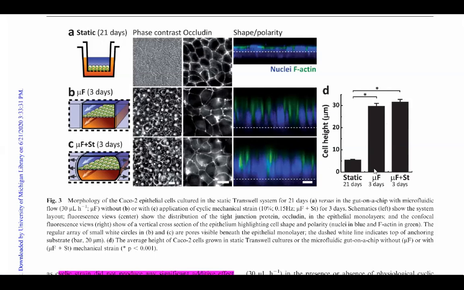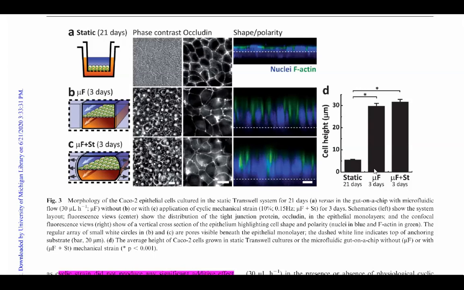So they also tested lower flow rates. For example, they tested up to 10 microliter per hour flow rate, and they saw that at 10 microliter per hour, the cell height is quite similar and quite equal to the static transwell cell culture.